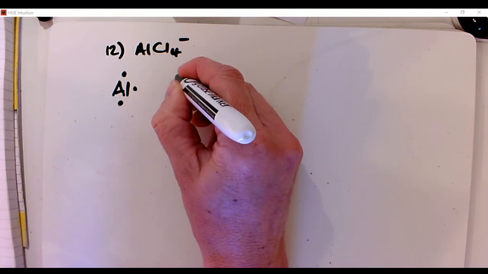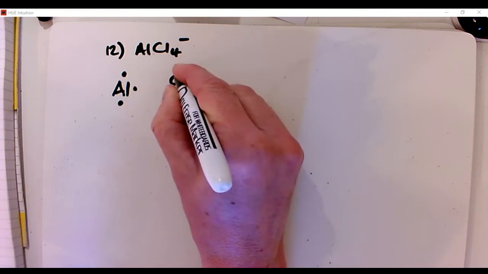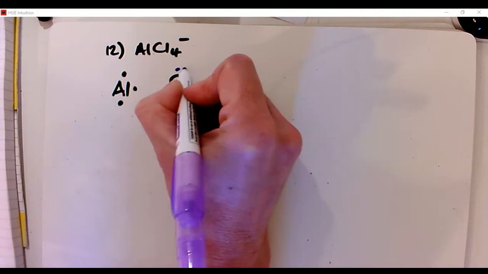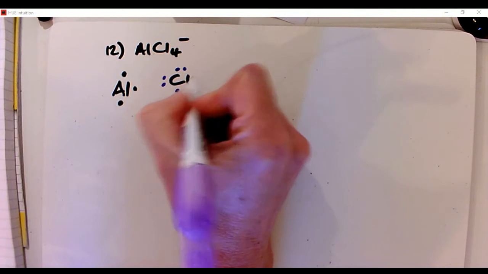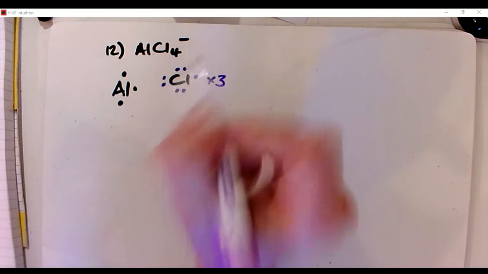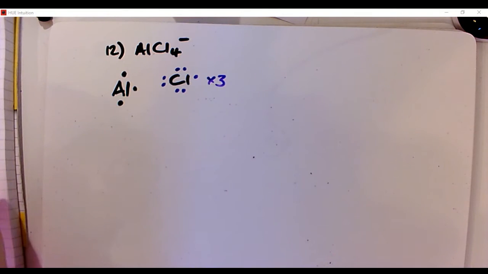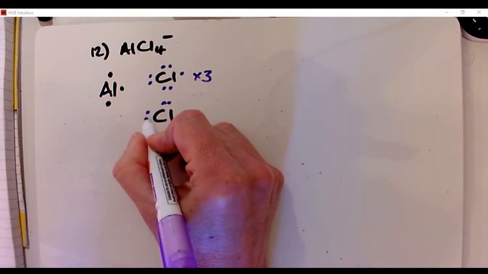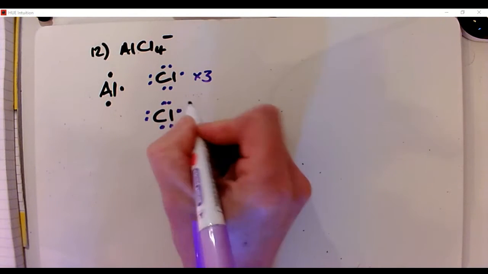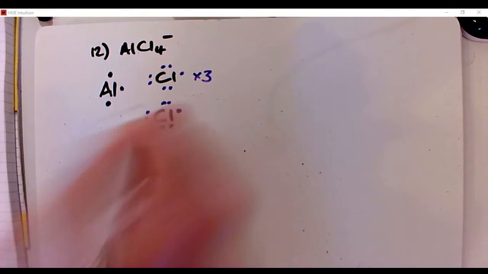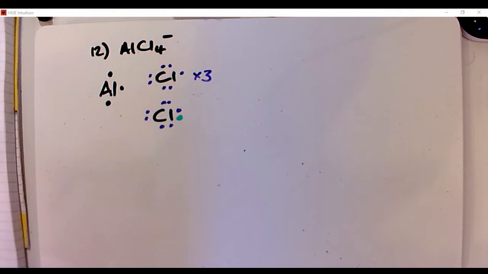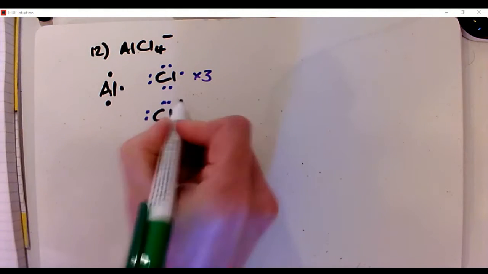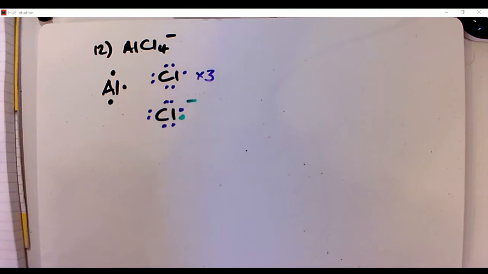And you've got the chloride ions, with 7 electrons each, and we'll assume that the minus charge is on one of the chlorines. So we have a Cl with 7 electrons, and we'll assume it has an electron from a metal. Okay, so it's a chloride ion.